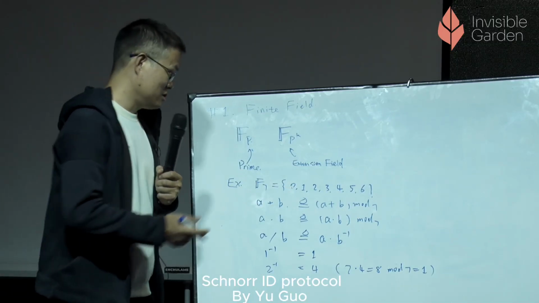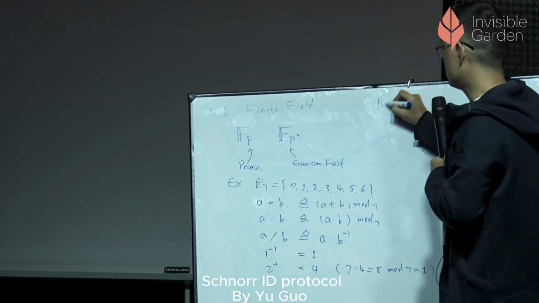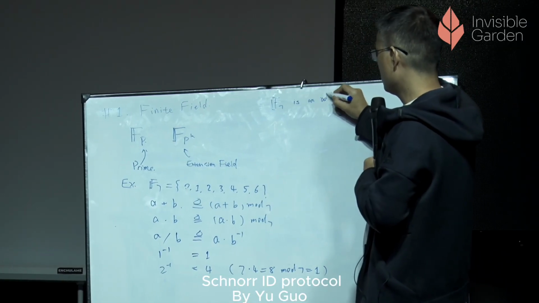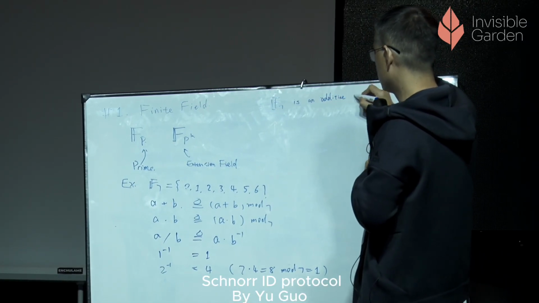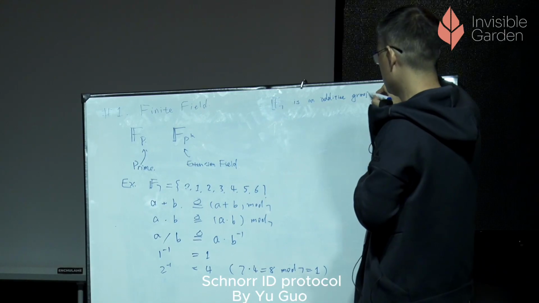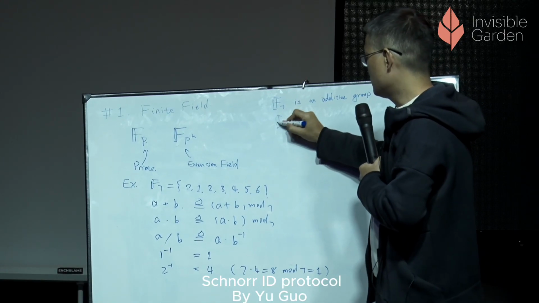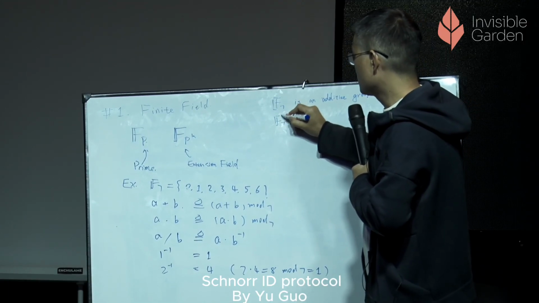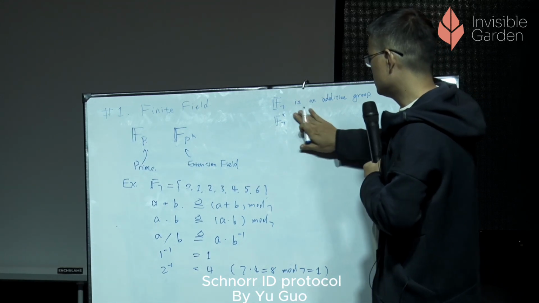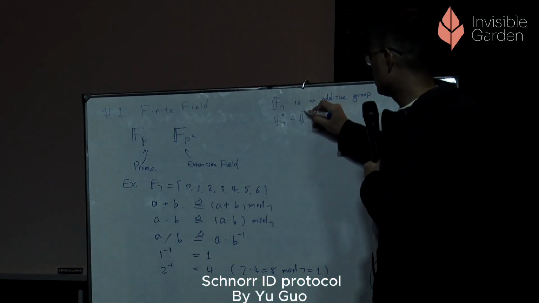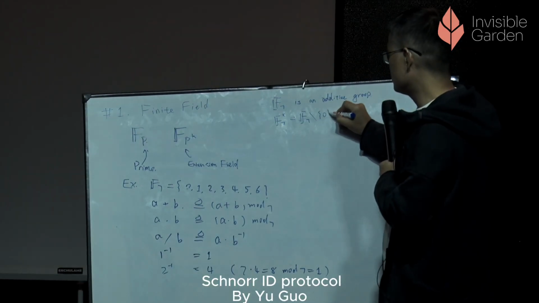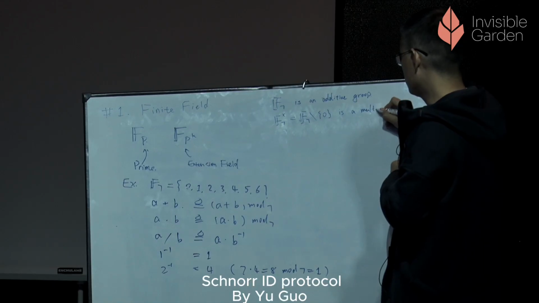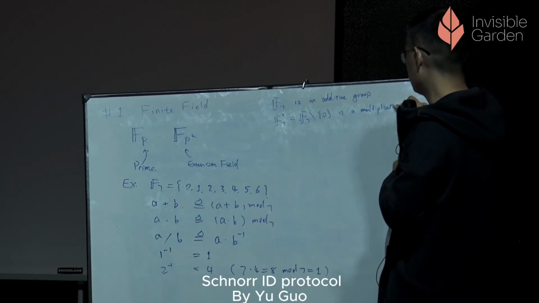In mathematical terminology, F7 is an additive group, and F7 with 0 removed is a multiplicative group.